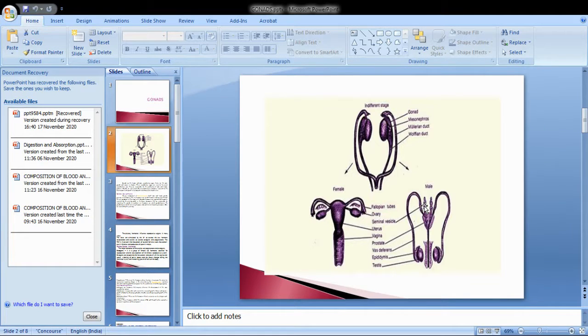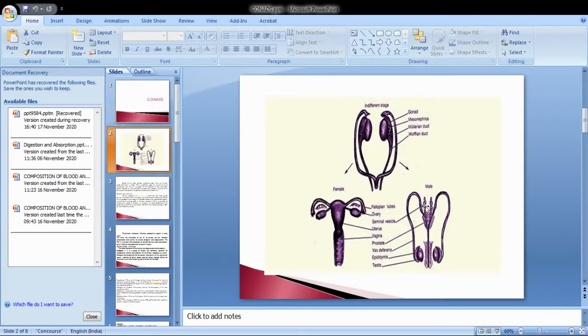Now let's discuss the overview of both reproductive systems. See here, this is the fallopian tube and this is the ovary. In the female, this is the uterus and this is the vagina.